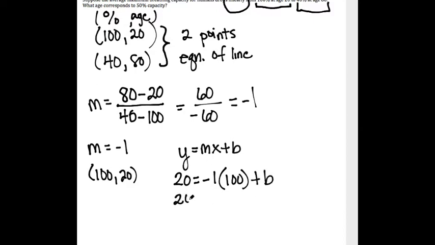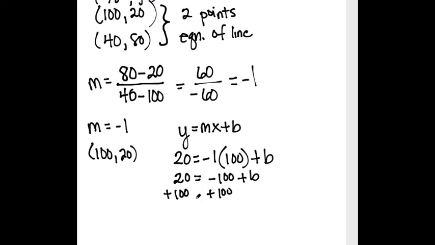So I now have 20 equals negative 100 plus b. I'm going to add 100 to both sides, and that leaves me with b equals 120. So over here I now have the equation y equals negative 1x plus 120.